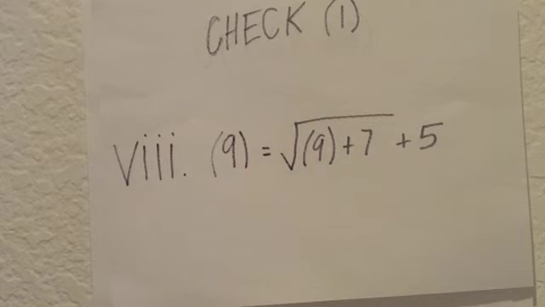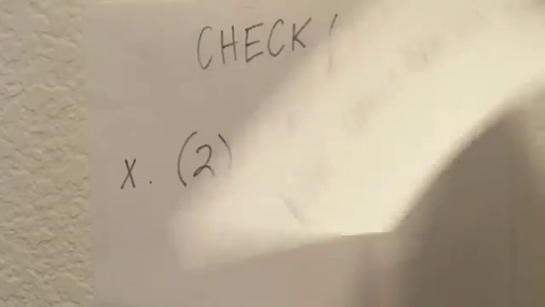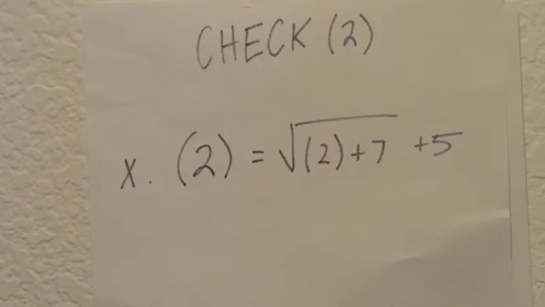You plug in 9 first, so you get 9 equals the square root of 9 plus 7, plus 5. The square root of 9 plus 7 adds up to 16, which equals 4, because the square root of 16 is, of course, 4. So now you have 9 equals 4 plus 5, which is true. You can now make sure that 9 is indeed one of your answers.